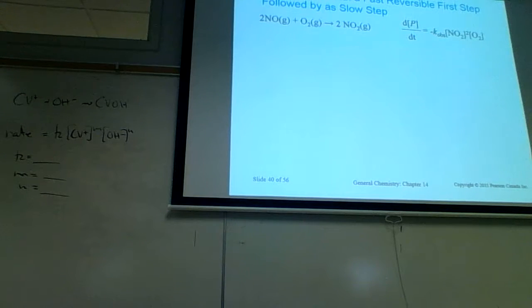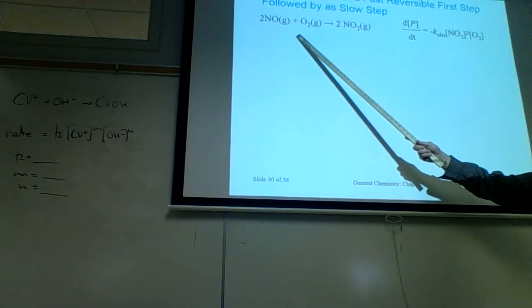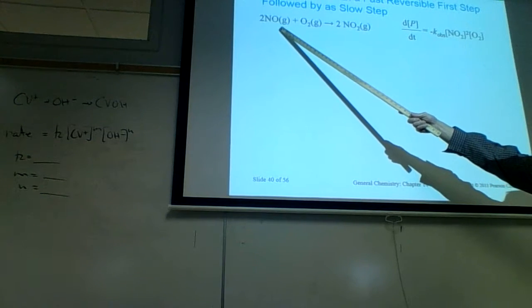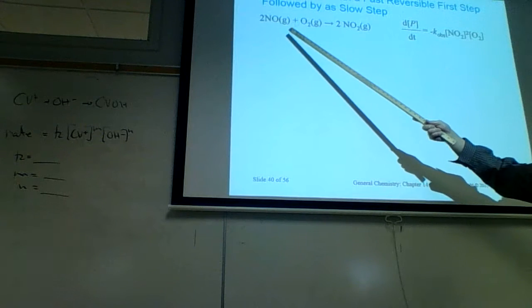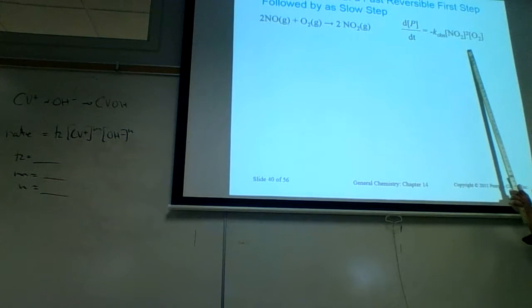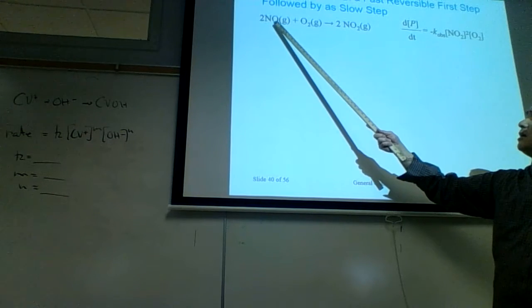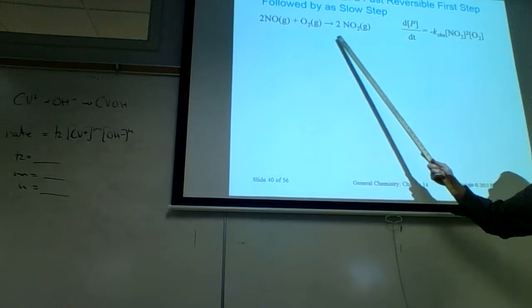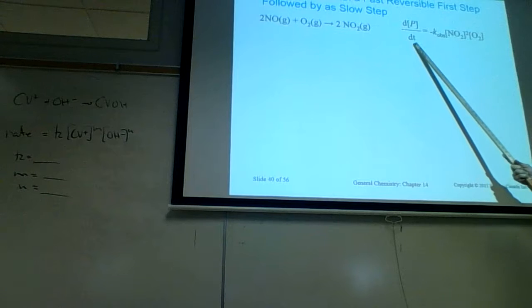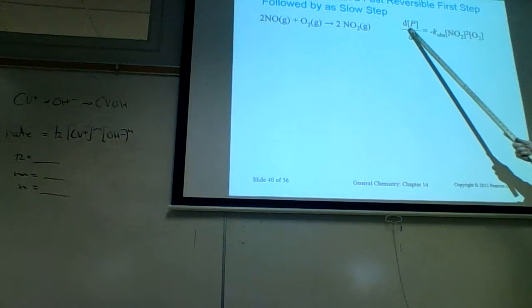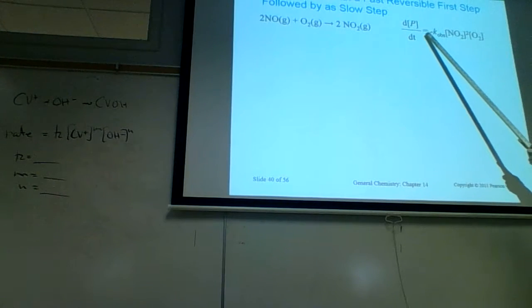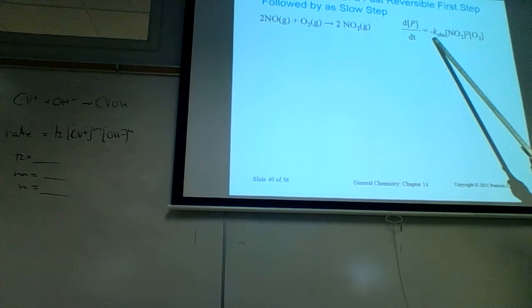We might try a simple mechanism like the one we saw earlier, in which the first step is slow. And the problem is, if this happened in one step, we'd have a termolecular, 3-molecule collision. The rate law looks like it's okay. This is the rate, delta P over delta t, the change in concentration of products.